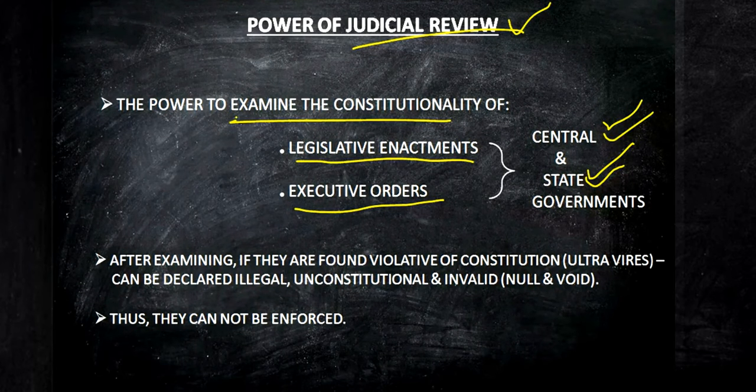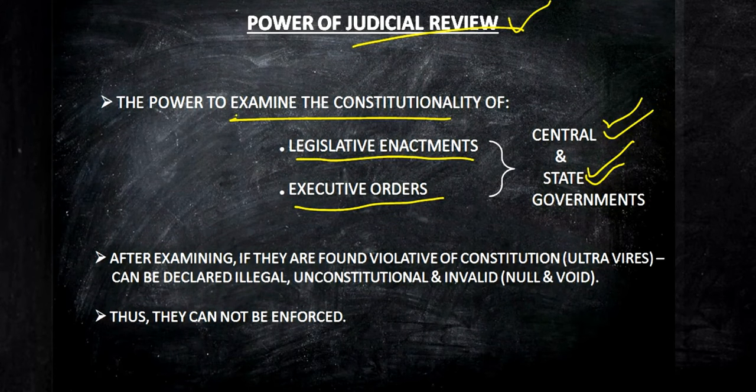Okay, so if a person feels that a particular law is in some way against the constitution or violating the issues mentioned in the constitution, then that case will be brought to the notice of the Supreme Court. Then it will examine whether that law or executive order is in line with the constitution or not.